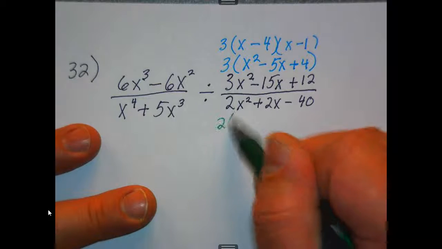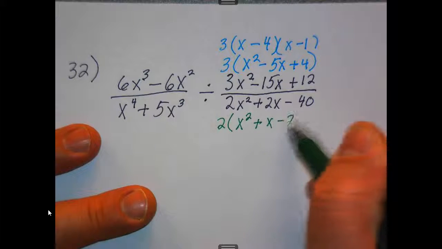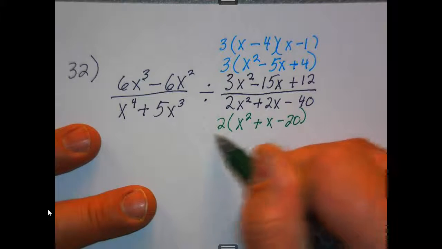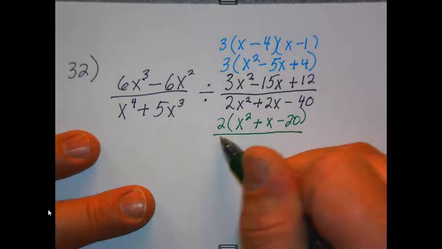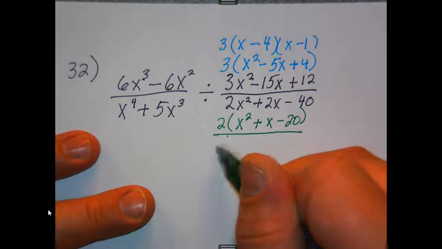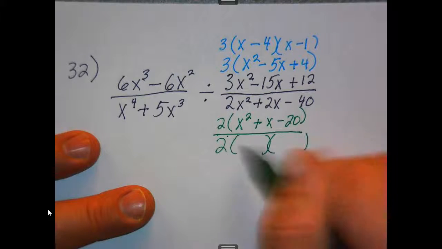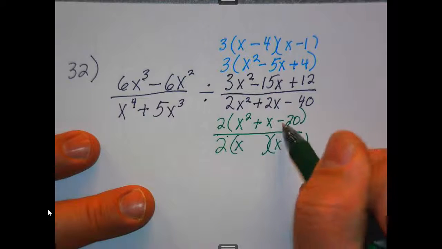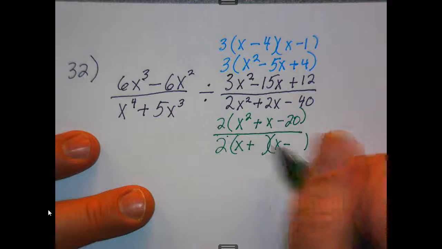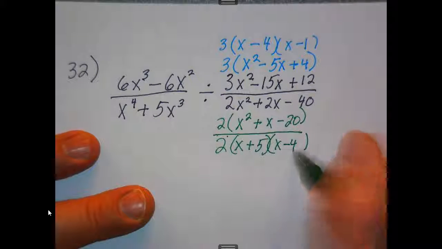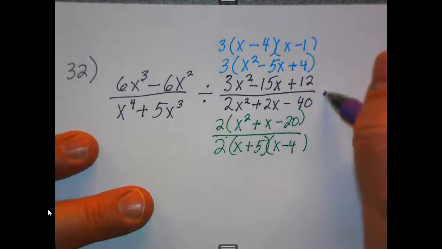I'm going to take out a 2, x squared plus x minus 20. I'm going to factor x plus minus, and I'm going to use 5 and 4. Now I'm going to change it to a multiplication problem.